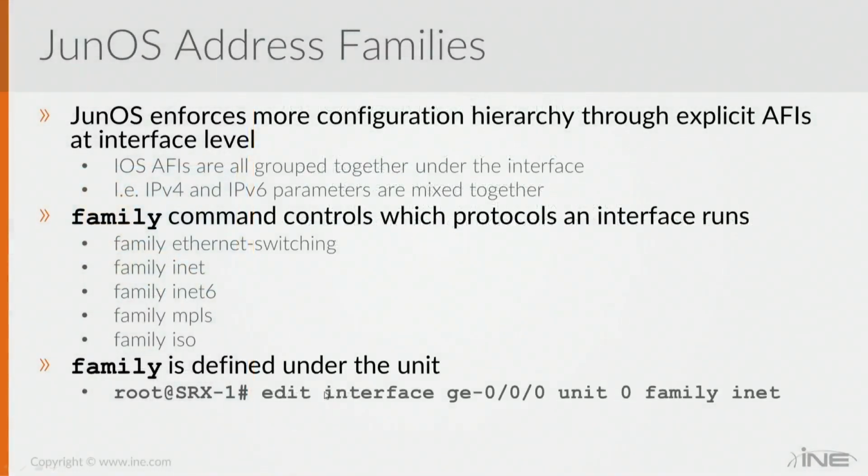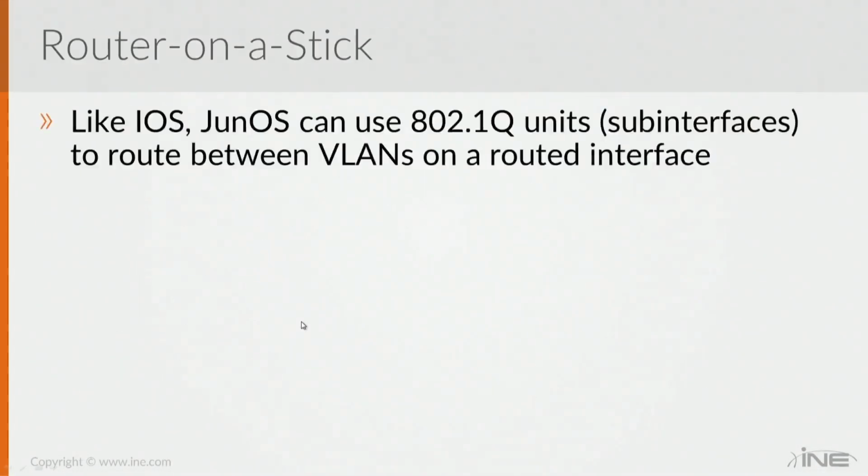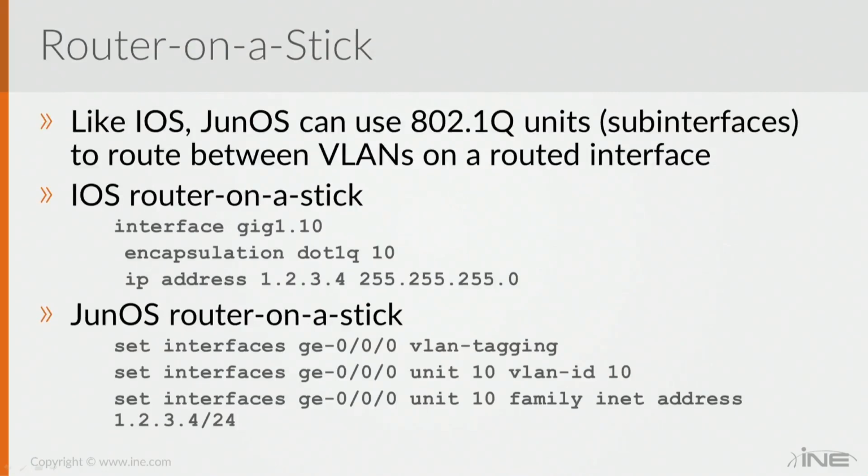Now, from a configuration point of view, in IOS versus JunOS, when we're doing multiple subinterfaces, we're doing the same end result: we're using a single physical interface to do routing between multiple layer 2 segments, and we're doing that by creating multiple units. So in the case of IOS, we say encapsulation dot1Q 10.